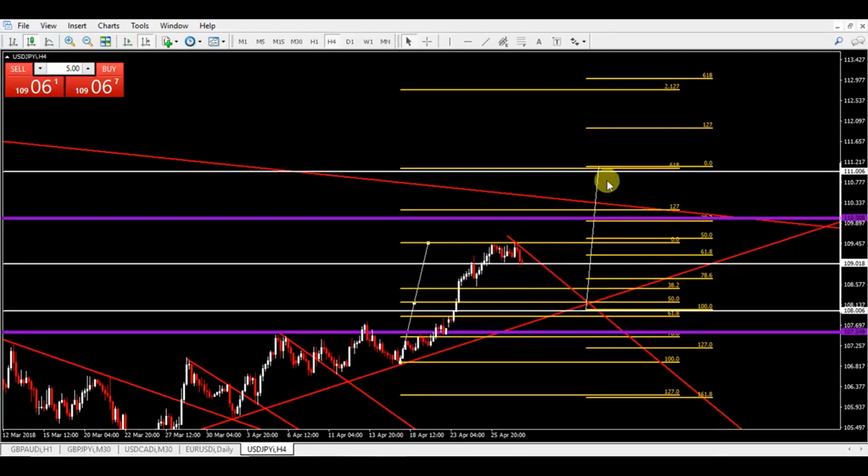Resistance acting as, if it was respected, come down as support. Support at what? The 61.8. At what else? Whole number of 109.000. What else? This ascending trend line here, to help it also be respected and find further upside.